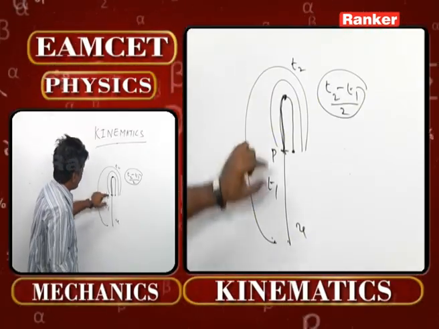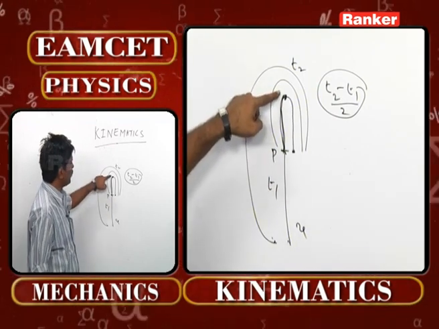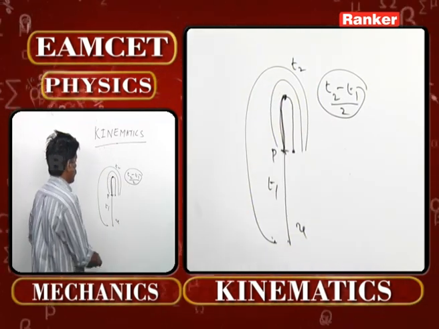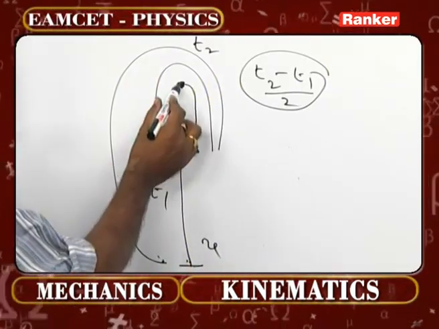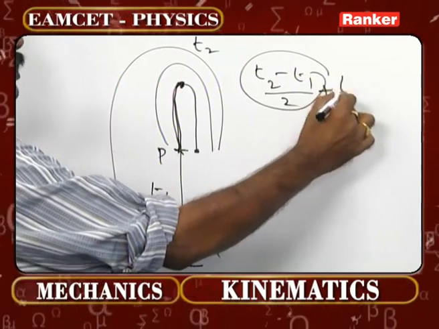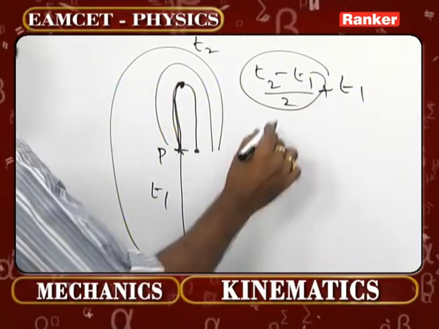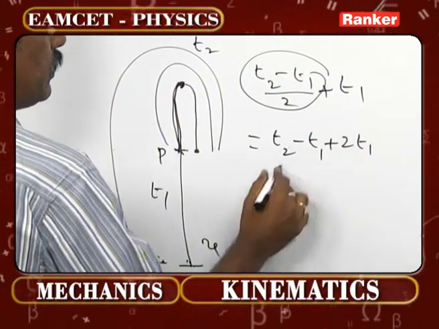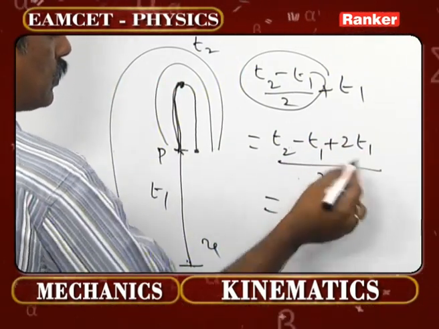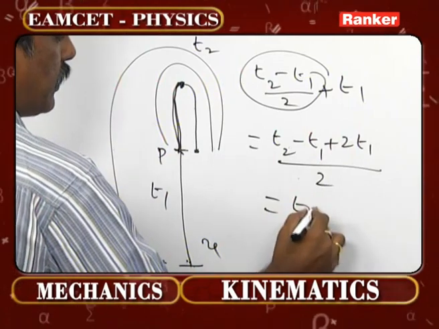So, time taken from P to the maximum height is this. So, total time taken to reach the maximum height is t1 plus (t2 minus t1) by 2, which is equal to (t2 minus t1 plus 2t1) by 2, which is equal to (t1 plus t2) by 2.